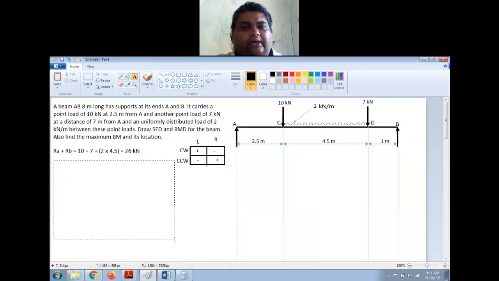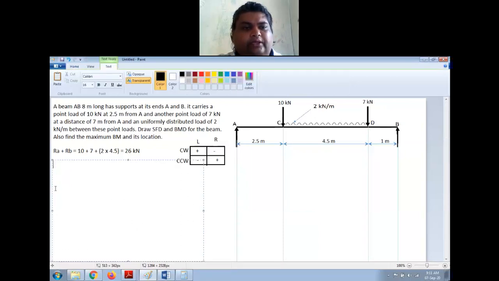Now, how to do that? Okay. So, taking moments about A, BM at A is equal to, I will start from the extreme right end. Now I have RB at this point, and this is in upward direction. A is the pivot point about which I am taking the moment.